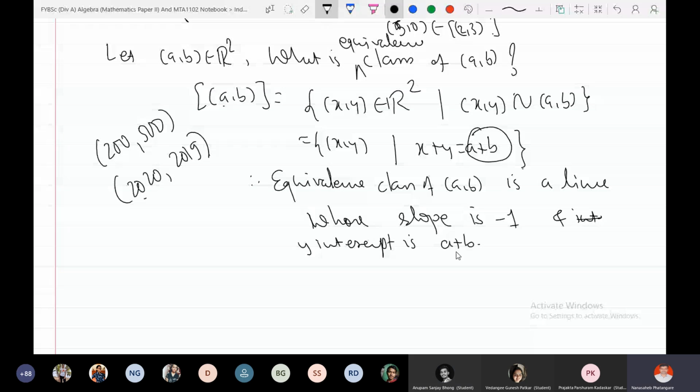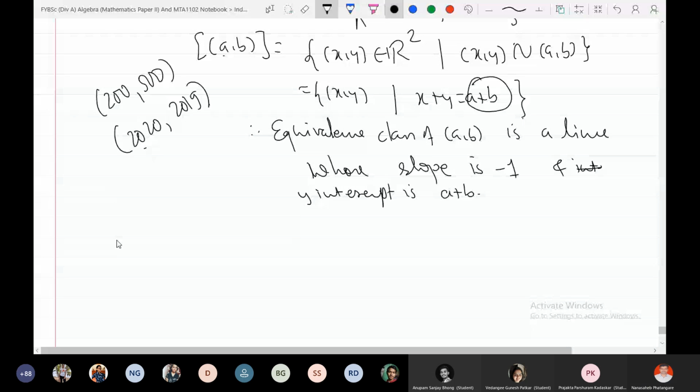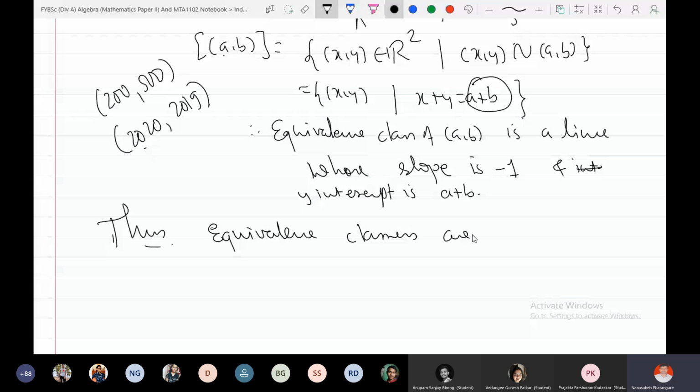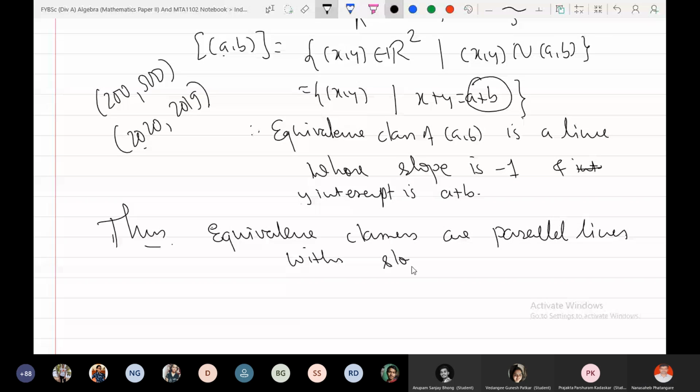So every time, whatever your point is, only the intercept changes, the slope remains unchanged, and therefore these are parallel lines. Thus the equivalence classes are parallel lines. What are the equivalence classes? Parallel lines with slope -1.